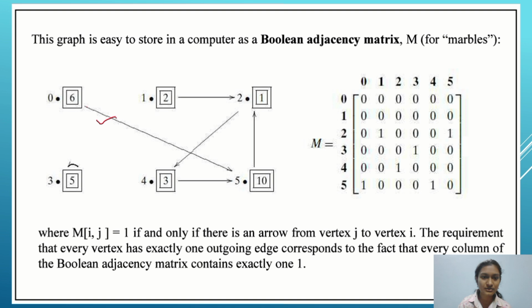For this arrow, we'll see from 0 and we'll search for 5. So here is 5. We got here 1.